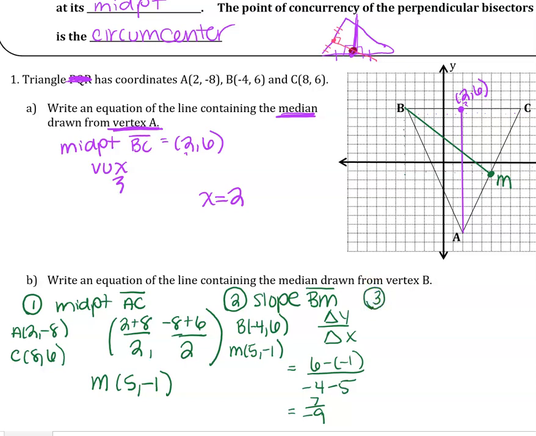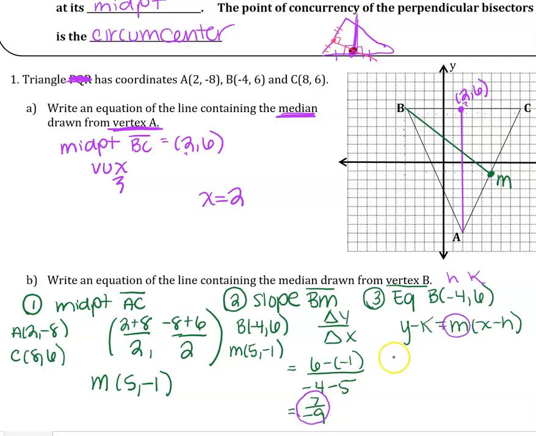Now, as far as the equation, I'm going to use point slope form, and I'm going to do the equation through B, because it said through vertex B. And I'll talk about another solution after the fact. So the equation through B, where B has the coordinate (-4, 6), would be, if I use the formula y minus k equals m times x minus h, where again, h and k are coming from the point, and m is coming from the slope that I just found.